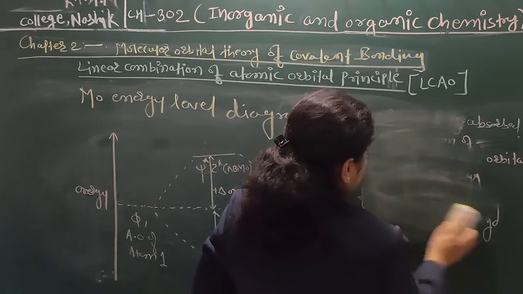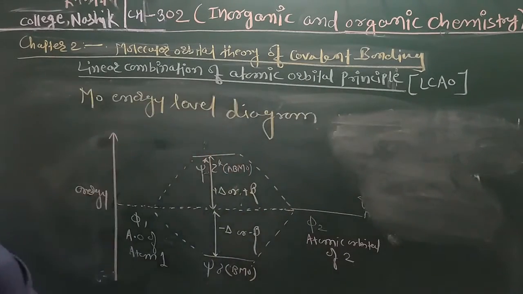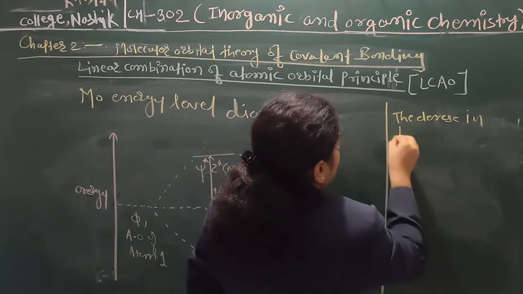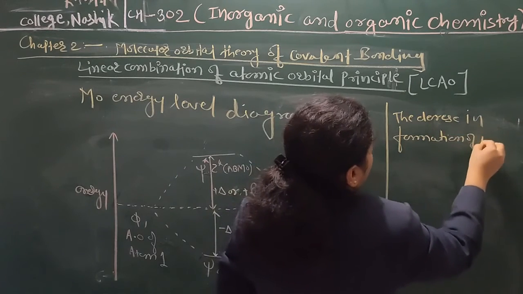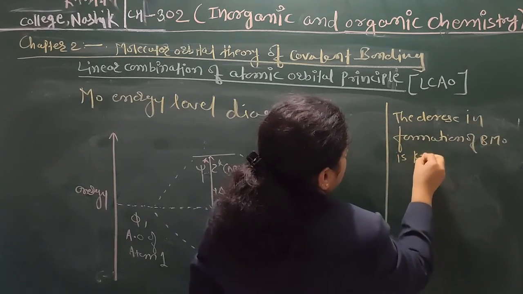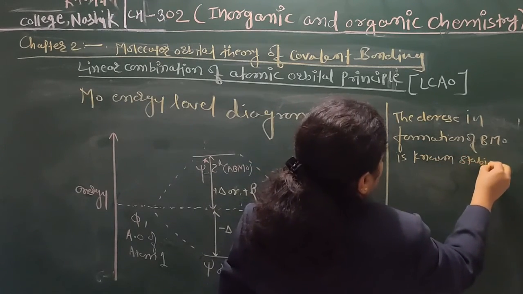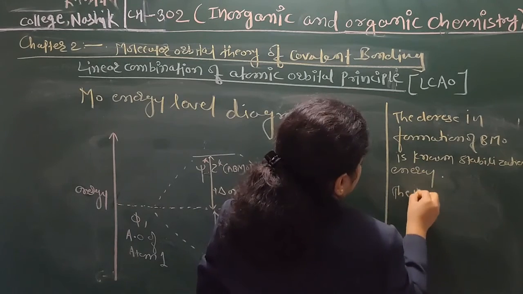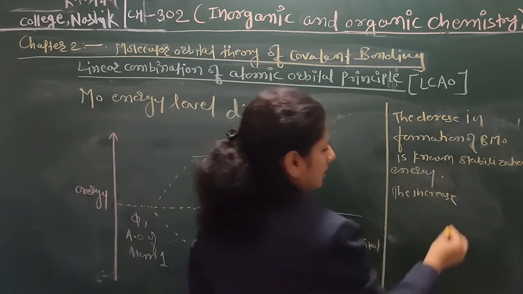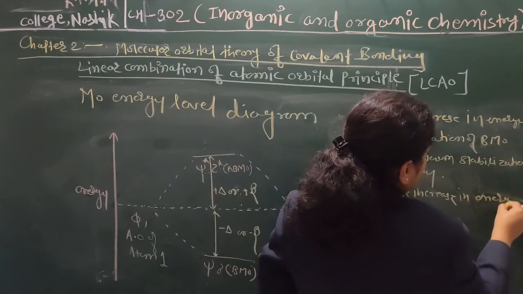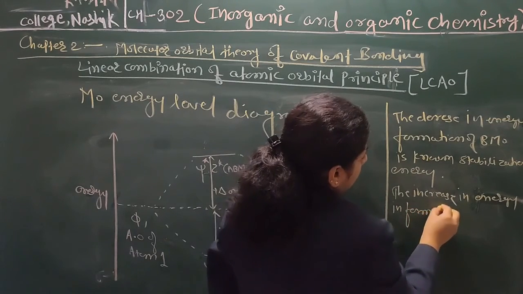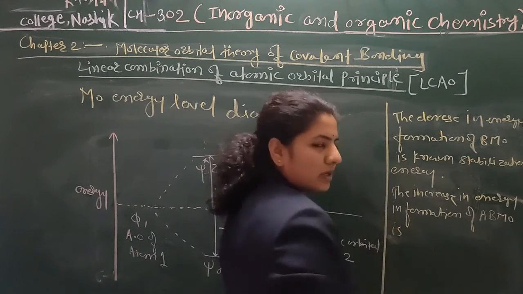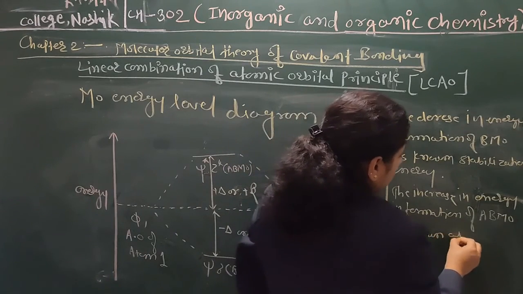So here you can write again. The decrease in energy in formation of bonding molecular orbital is known as stabilization energy, whereas the increase in energy in formation of antibonding molecular orbital is known as destabilization energy.